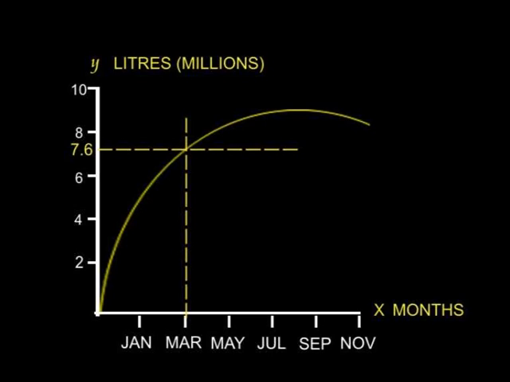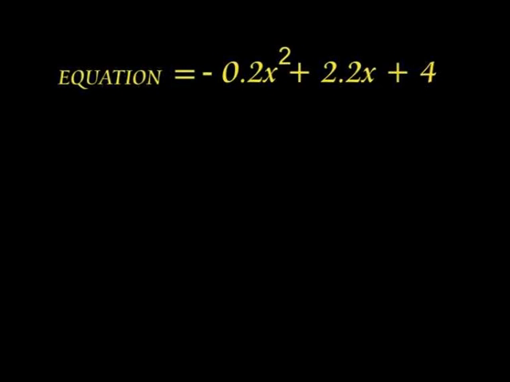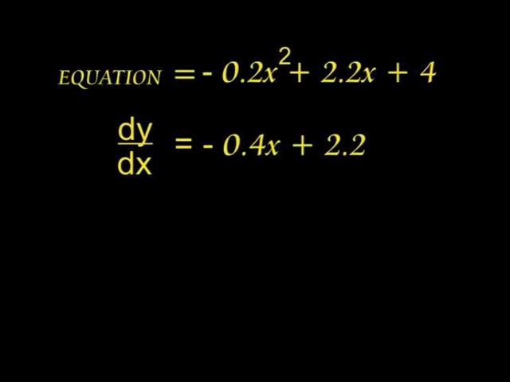But how can we determine how fast the dam is gaining or losing water on the 1st of March? As I said before, the gradient gives us the rate of change. The gradient of the above graph is denoted by dy/dx = −0.4x + 2.2.